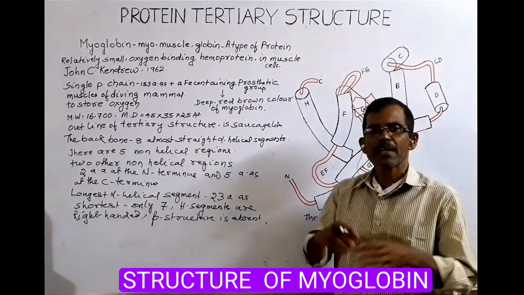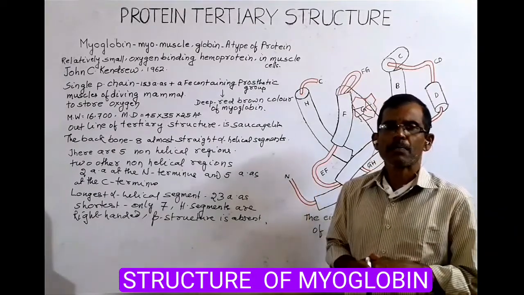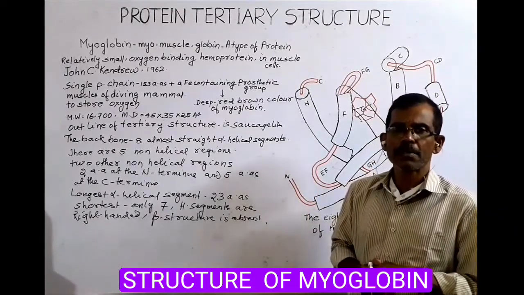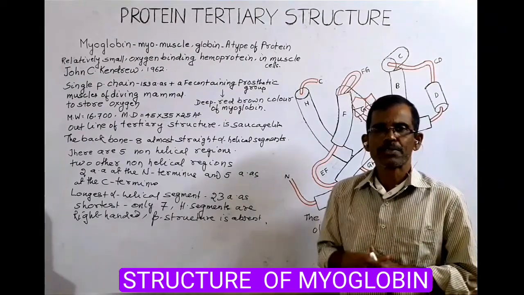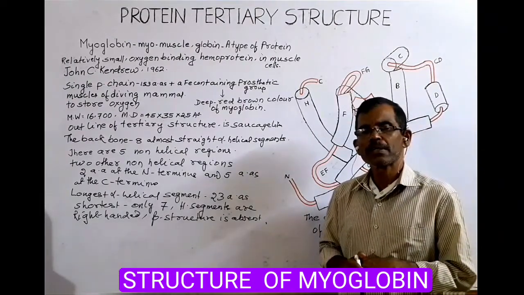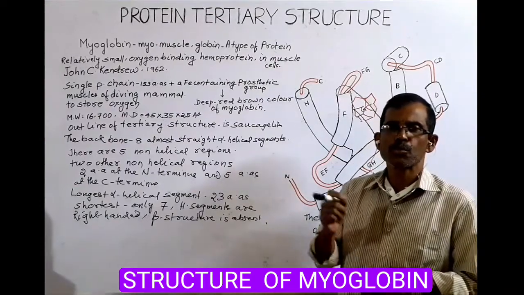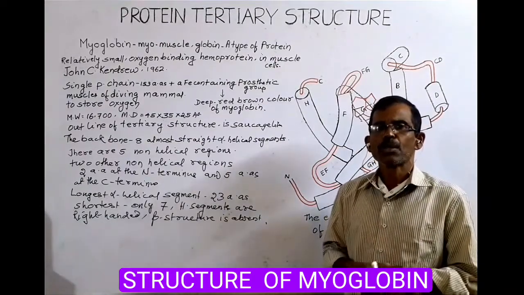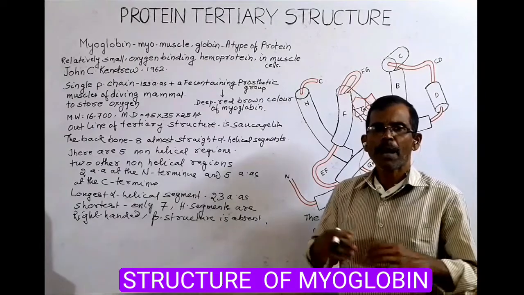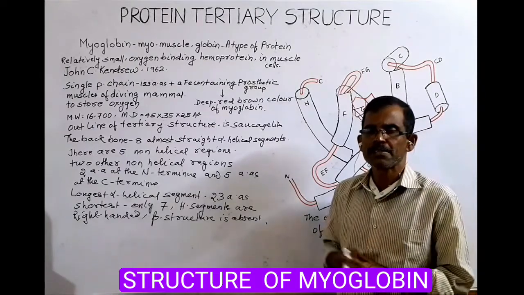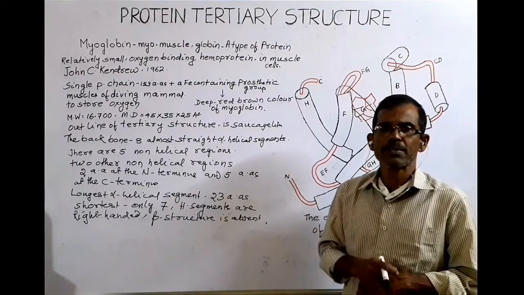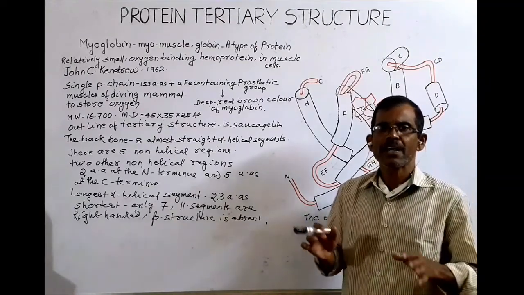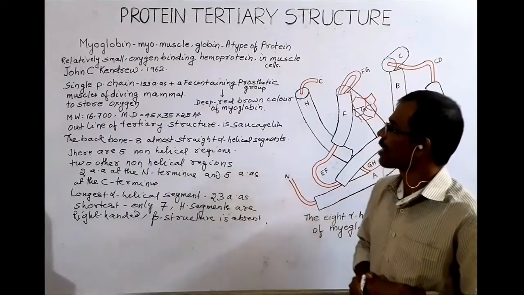Myoglobin is especially abundant in the muscle of diving mammals like seal, whale and porpoise. The main function of myoglobin is to store oxygen. So by having abundant myoglobin in their muscles, diving mammals like seal, whale and porpoise stay submerged underwater for a long time.